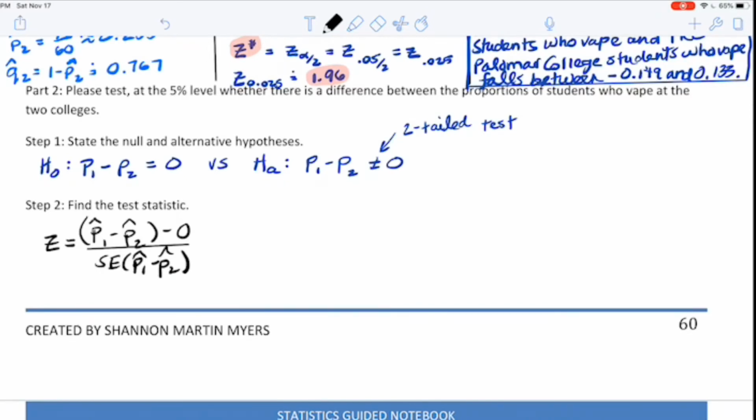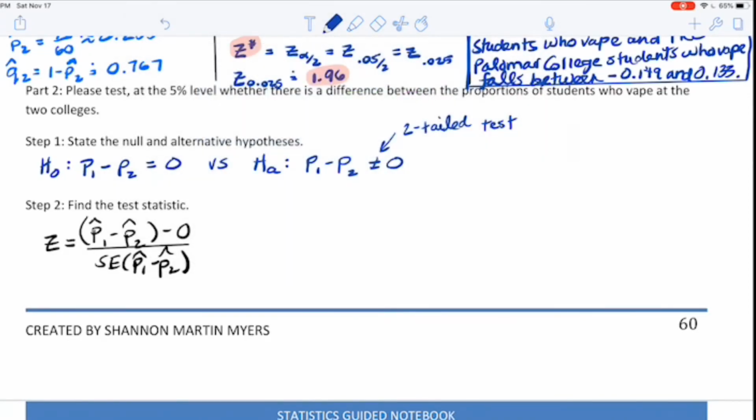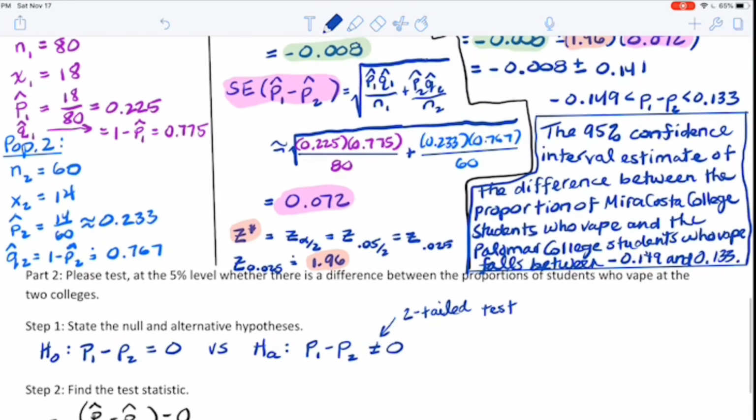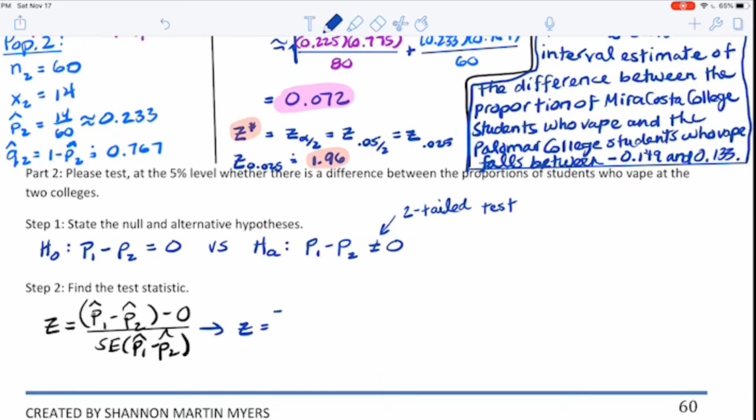And remember, we found all that stuff already. So we will get that z is equal to, remember that p hat 1 minus p hat 2, we found that to be negative 0.008.